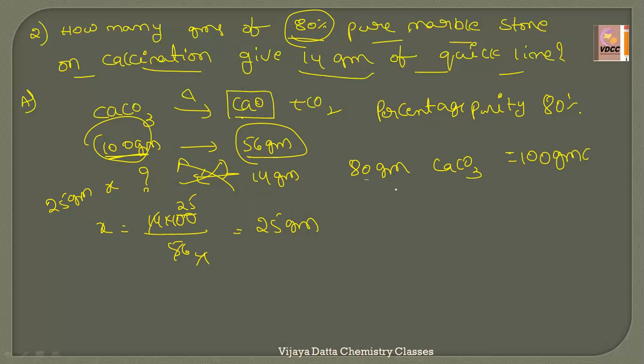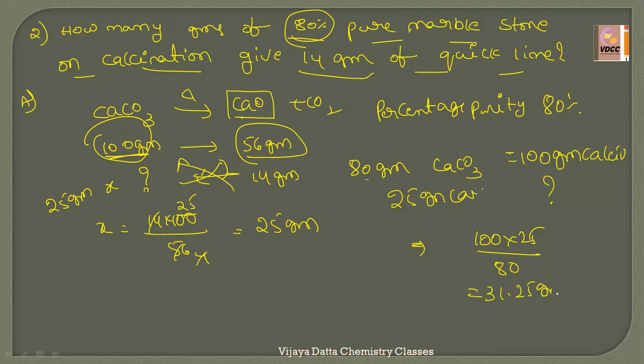Then 25 grams of CaCO3 is nothing but how much? See here. So 100 into 25 by 80. That gives you 31.25 grams. Actually, first we have taken 100 grams, right?